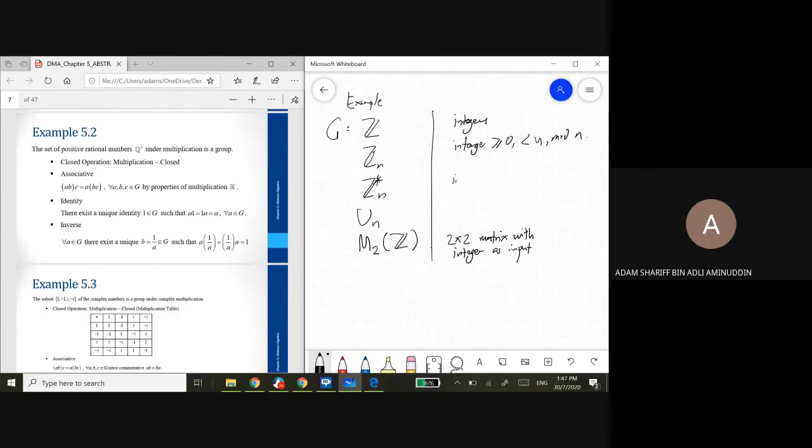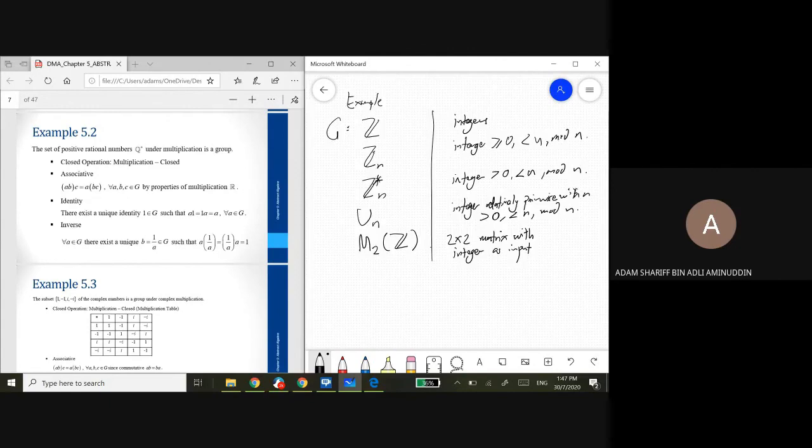This one is integers relatively prime with n, and it must be larger than 0, less than n, mod n. This is all that I teach.